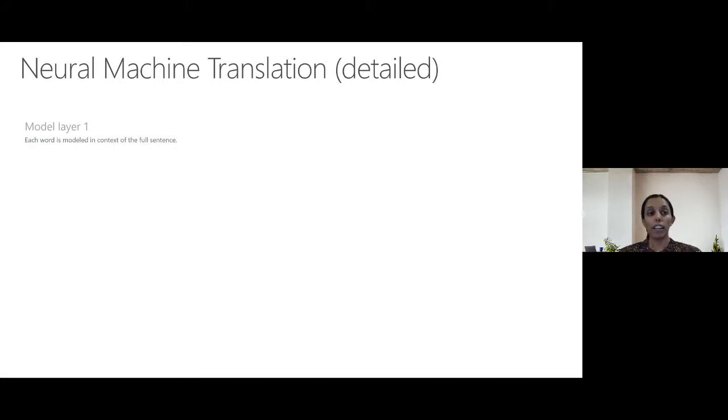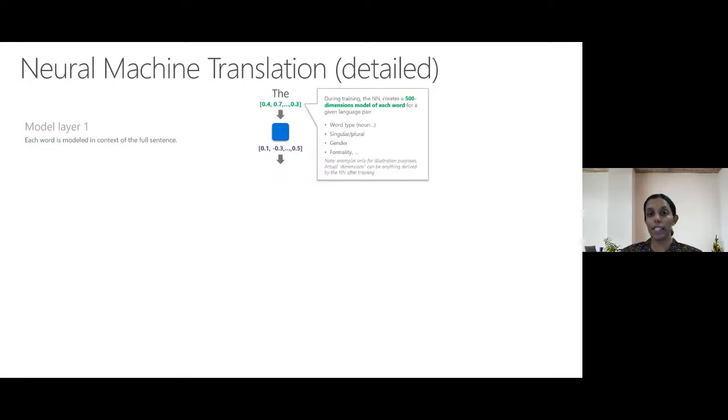Model layer one: each word is modeled in the context of the full sentence. This is an English sentence, I think it's "the blue house" something.